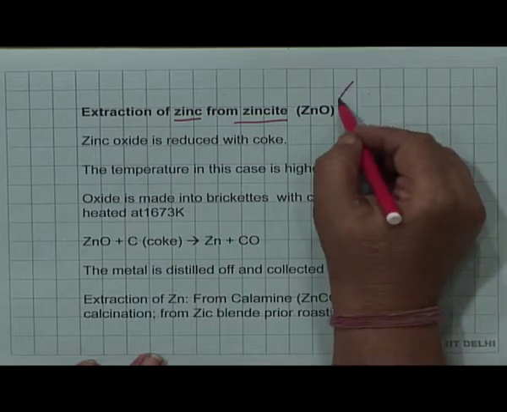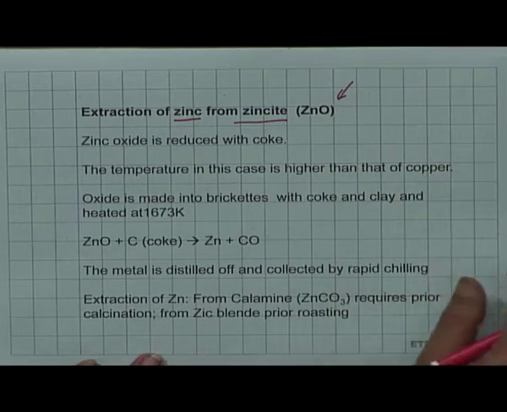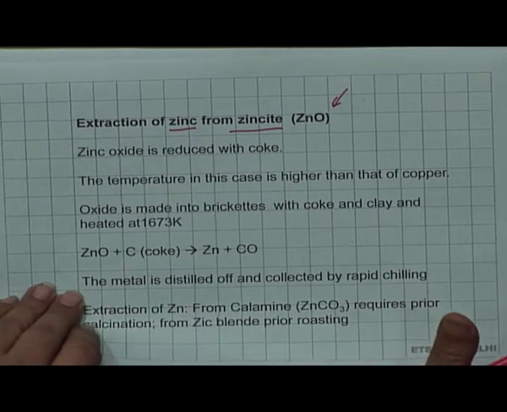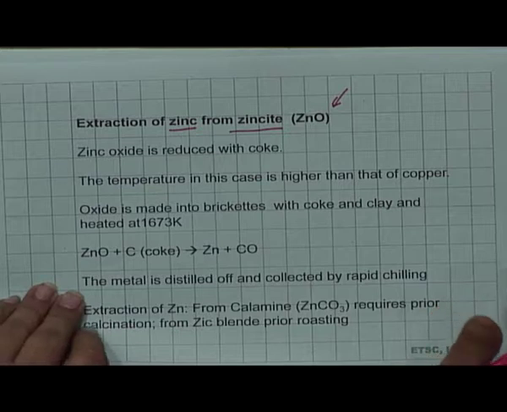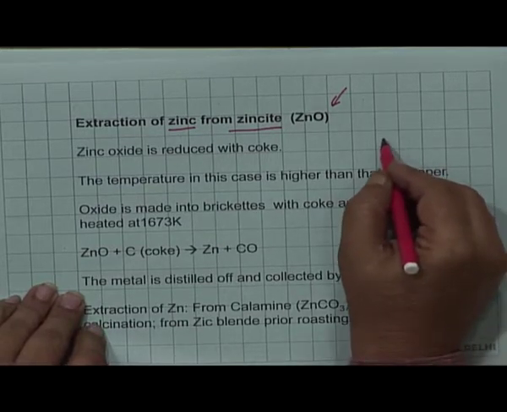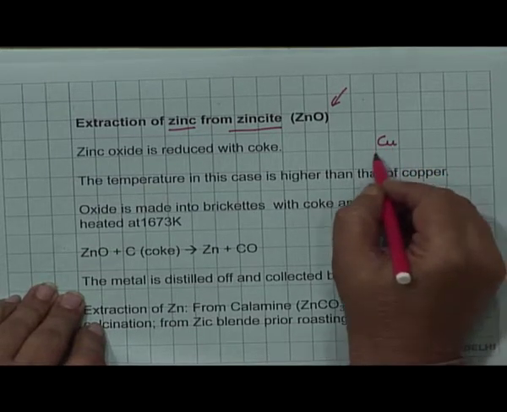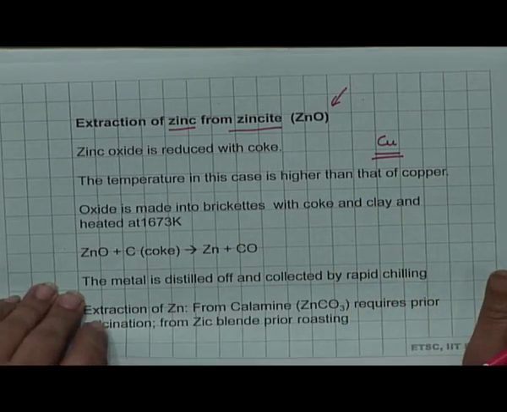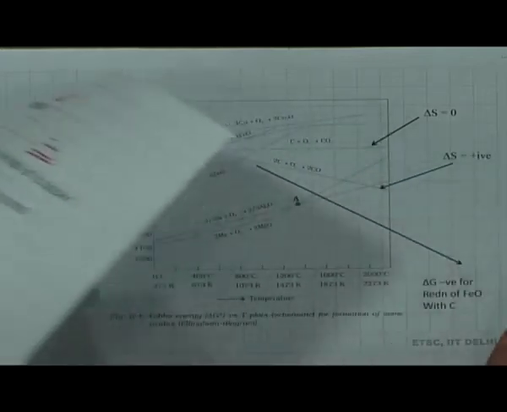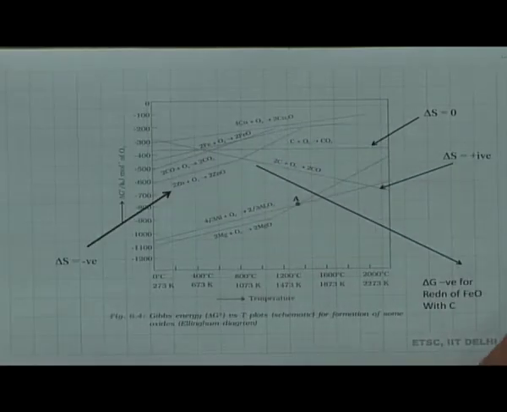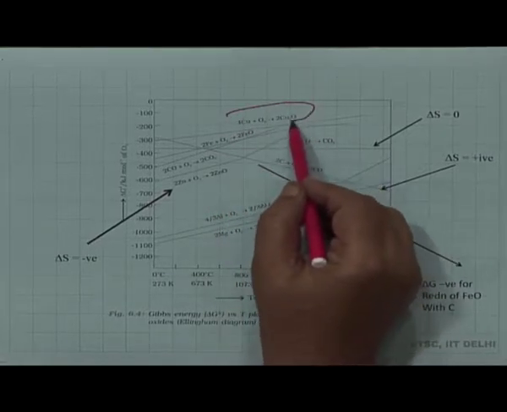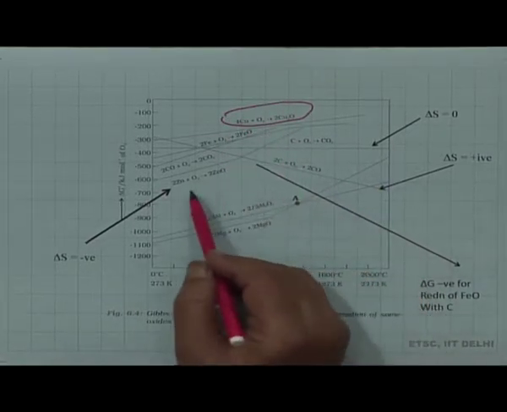Zinc oxide can be directly reduced with coke or carbon monoxide, but it is not as easy as in case of copper. Why is it not as easy as in case of copper? If you again look at the Ellingham diagram, you will see that copper is on the top, but zinc is much below.